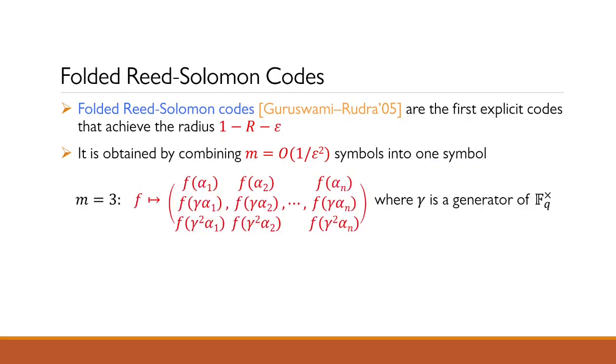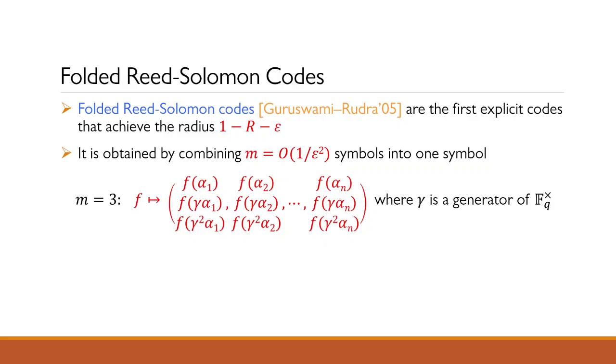And here is an example when m equals 3, and here each column represents a symbol of the folded Reed-Solomon code, which contains m symbols of an ordinary Reed-Solomon code.